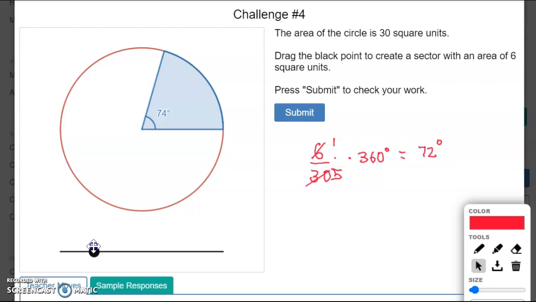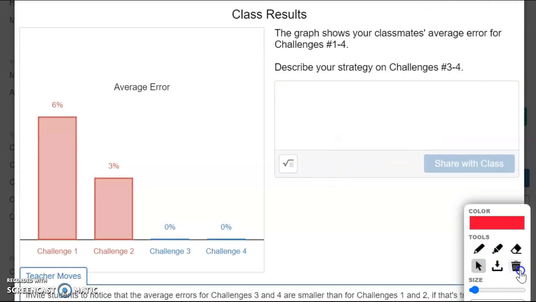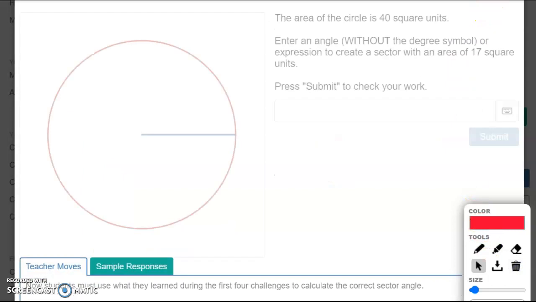So I know that I want 72 degrees. Let's see if I can get to 72 degrees. Here we go. Okay, and I got it exactly because I did the calculation. And that's the accuracy there.